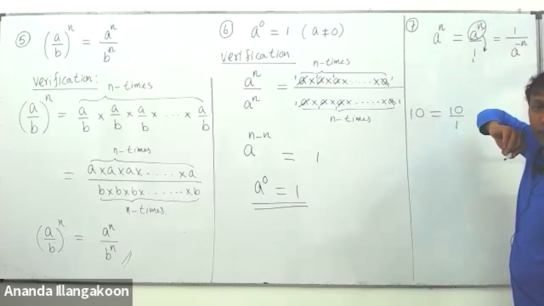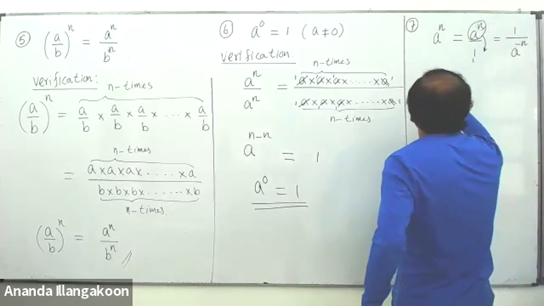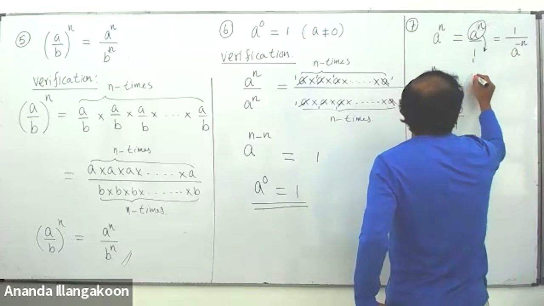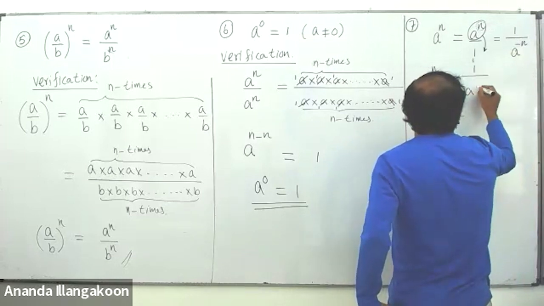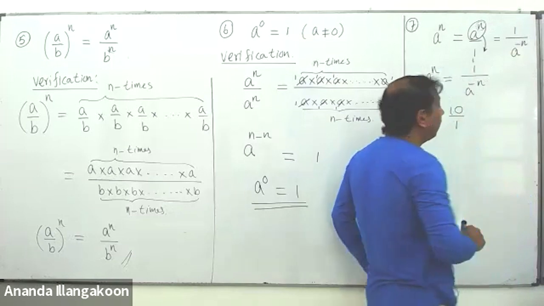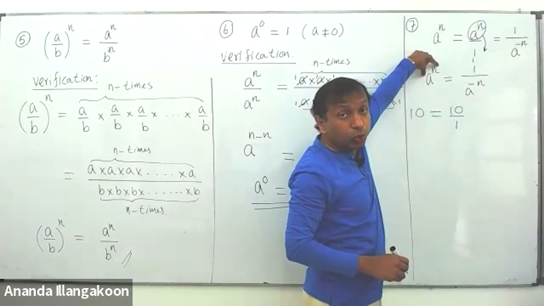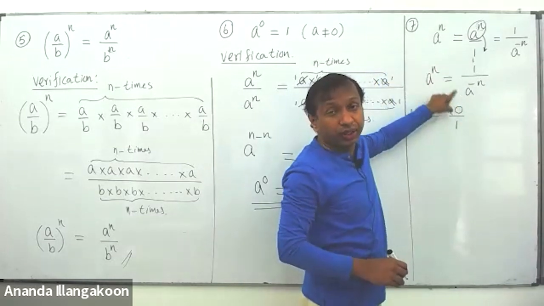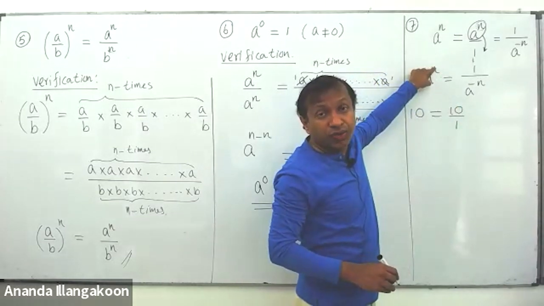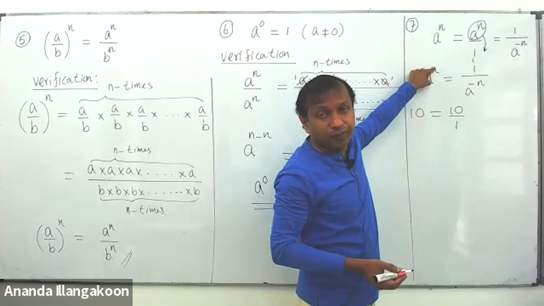Then what's the law? A to the power n is equal to 1 upon a to the power minus n. That means when we bring this power from numerator to denominator, the sign of the power gets opposite.